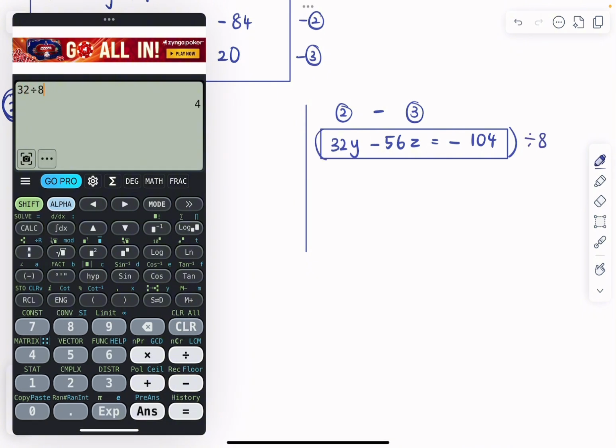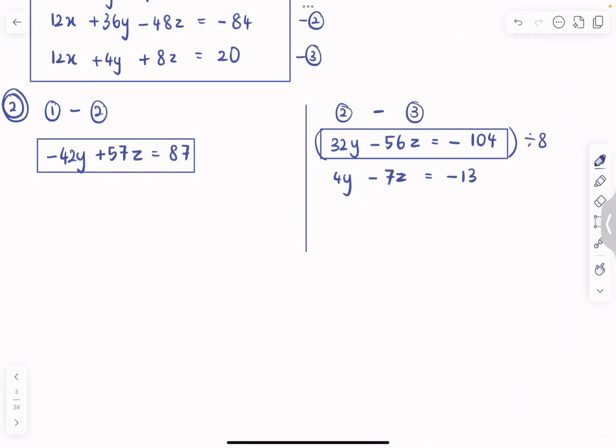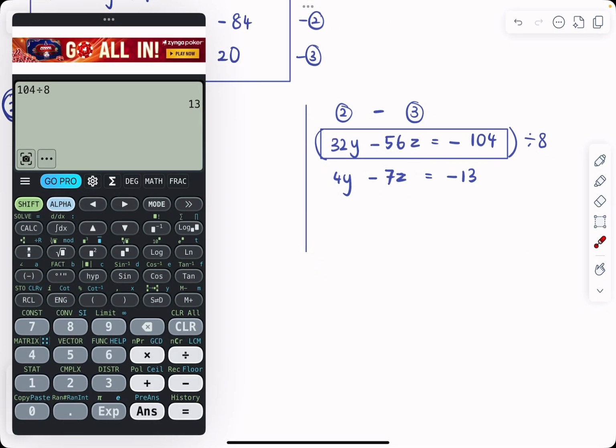So 32 divided by 8, we get 4y. 56 divided by 8, we get 7z. And 104 divided by 8, we get 13. Now maybe a little bit simpler. So now this 4y, we can try to make it 42. 42 divided by 4, we get fractions.